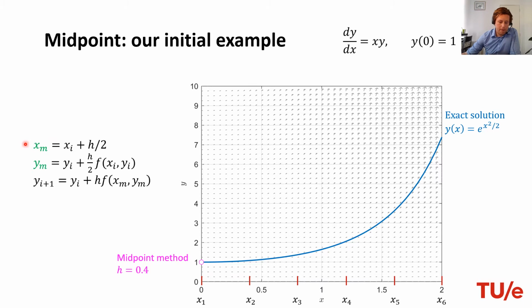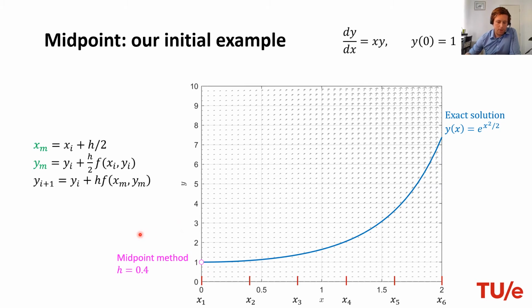The midpoint method first computes a midpoint in between x1 and x2. It computes the midpoint, and then it will try to evaluate the direction field at the midpoint in order to update the numerical solution for the next step.